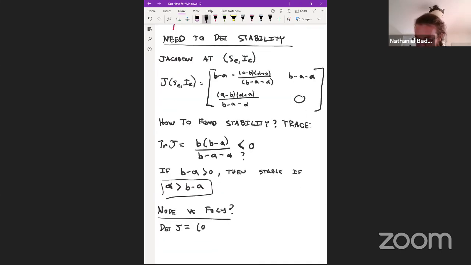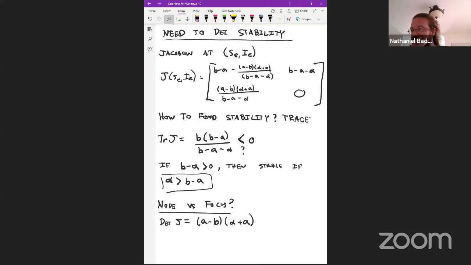So it's going to be A minus B alpha plus A, which is going to be greater than 0, provided B minus A is greater than 0.